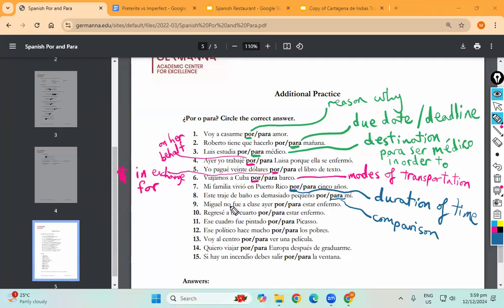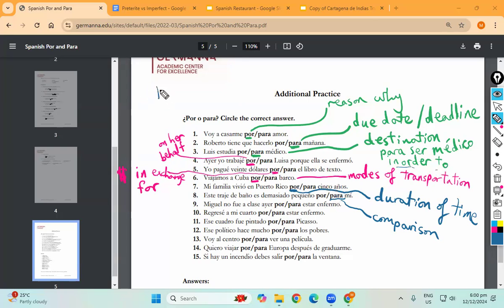All right, Miguel no fue a clase ayer por para estar enfermo. Now, if you have para in front of a verb, it's going to mean in order to up here, right?